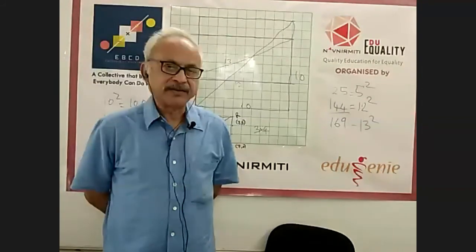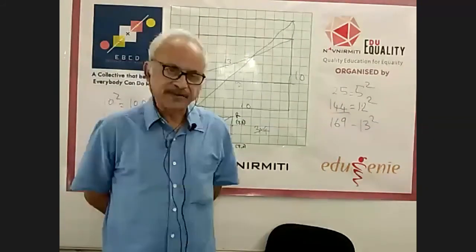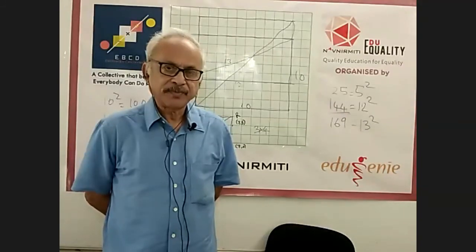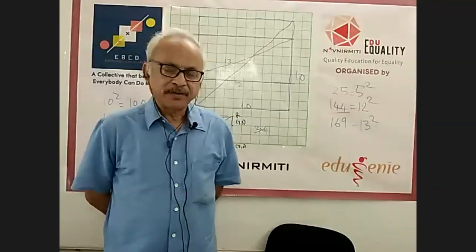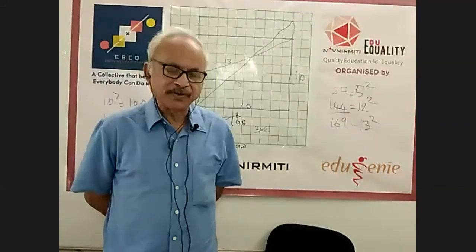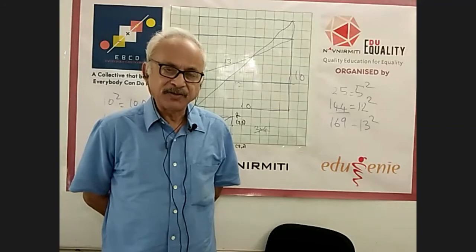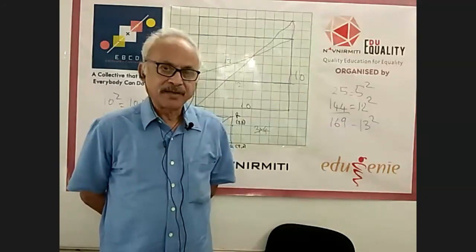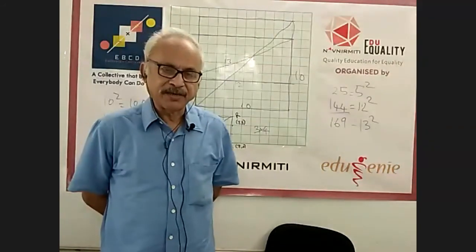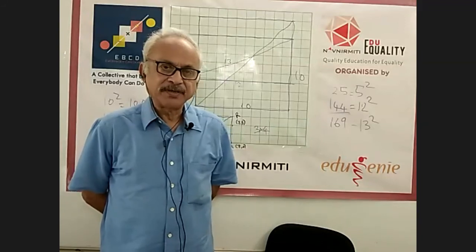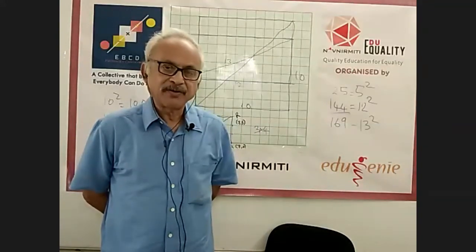I take the square of the length of the other side. I add these two numbers. And when I add these two numbers, the answer which I get is the square of the length of the diagonal.